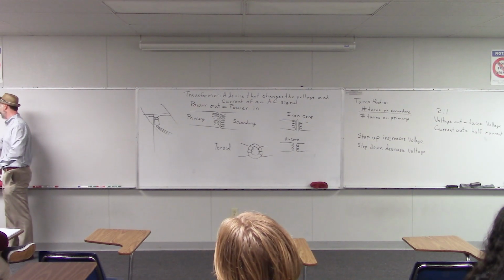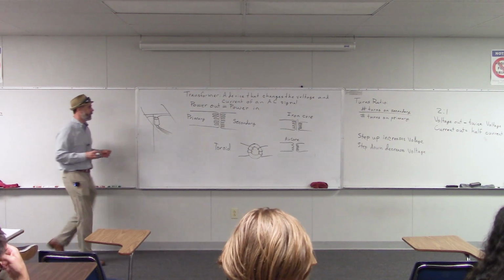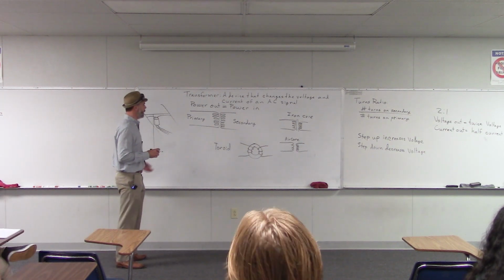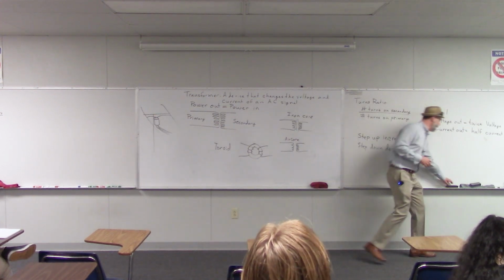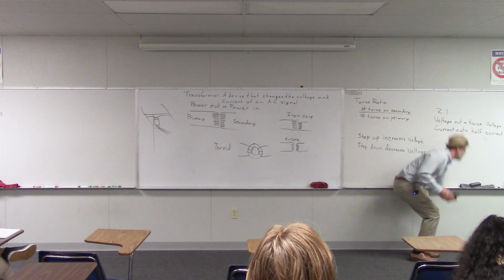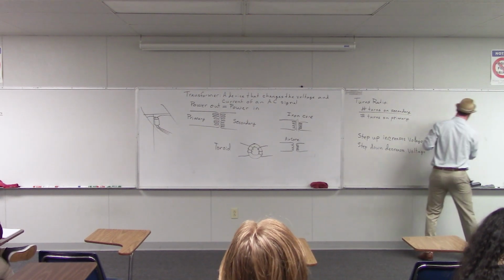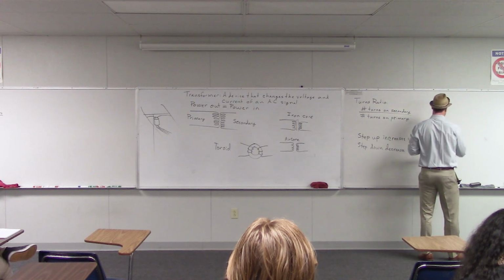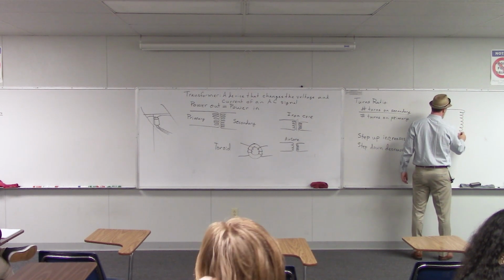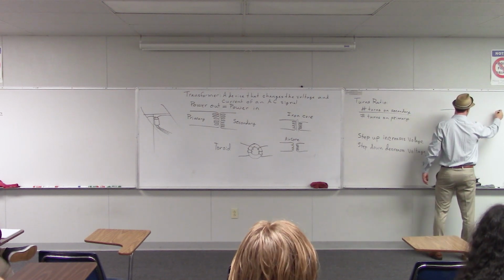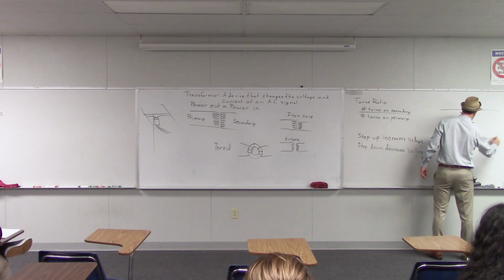Now there's a special type of transformer called a center tap transformer. The primary coil of a center tap transformer is just like on a normal transformer. A primary is just a big coil of wire. The secondary is also a big coil of wire, but it's got one addition.